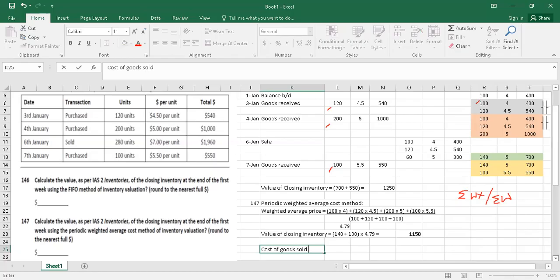That will be the 280 units that were sold. 280 units also will be charged at 4.79. That is 1341, 1340, and 1150 there. So that is how it is done in the periodic weighted average cost method.